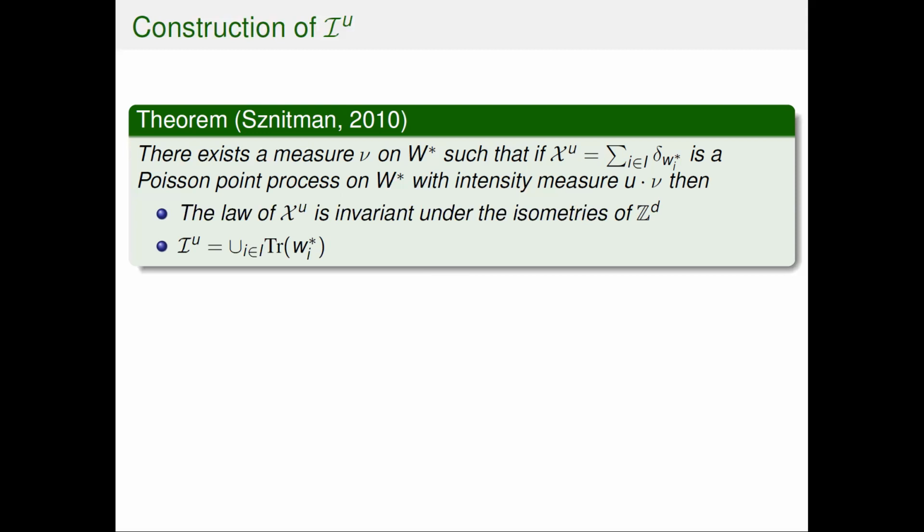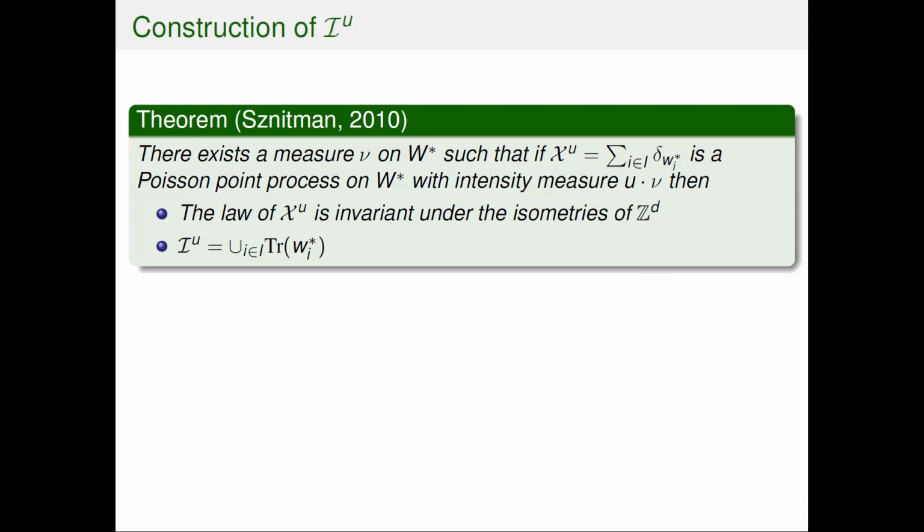It might be a bit scary for those of you who are not that familiar with Poisson point processes. So the notation here is that this X superscript u is a point measure. So there's a countable collection of doubly infinite trajectories. This delta is just the Dirac measure concentrated at a trajectory. So W_i is trajectory i, where i ranges over an abstract index set.